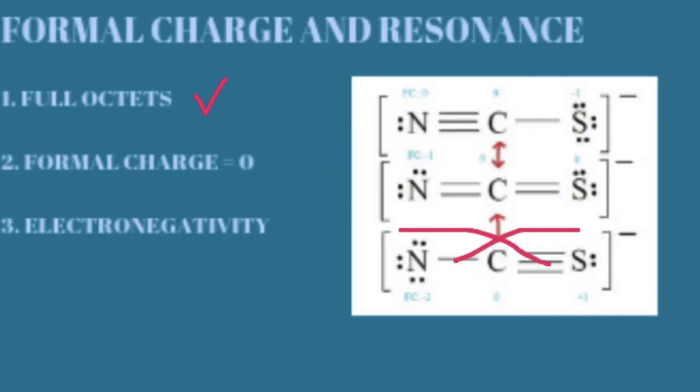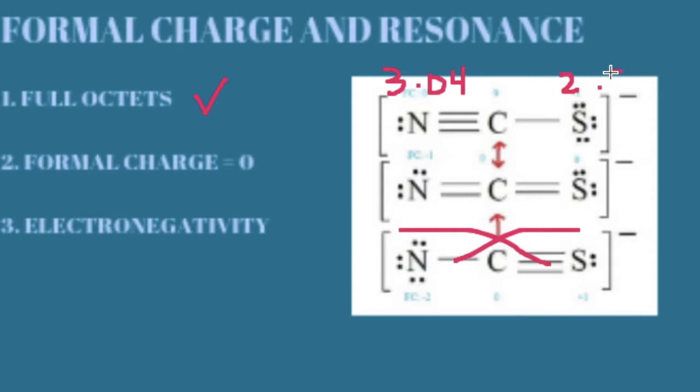So now we have these 2 left that we need to determine which is better. And how we're going to find that out is by looking at the electronegativity of each of the atoms. Though nitrogen and sulfur are a little close together on the periodic table in terms of their electronegativity, nitrogen actually has an electronegativity of 3.04, whereas sulfur has an electronegativity of 2.58.